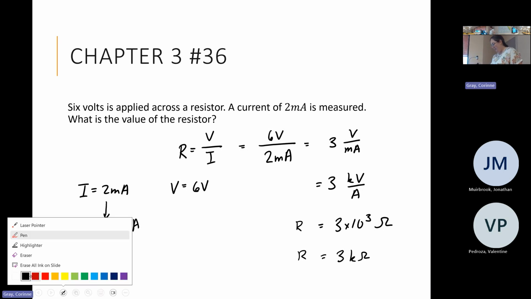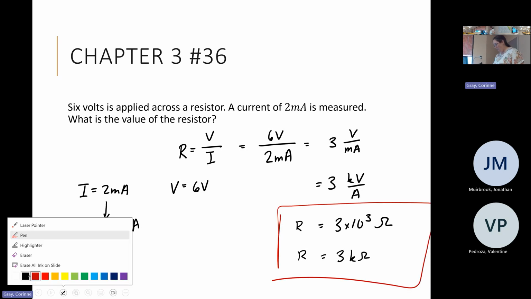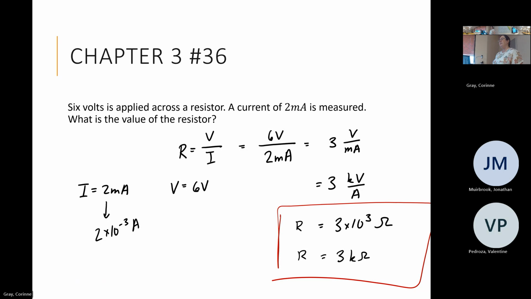Any questions on 36 or Ohm's law in general? Yeah. You have to change the prefix on the denominator to be normal. Convention. So is that just the rule always? That's just the rule because somebody decided that it looked prettier in the numerator.